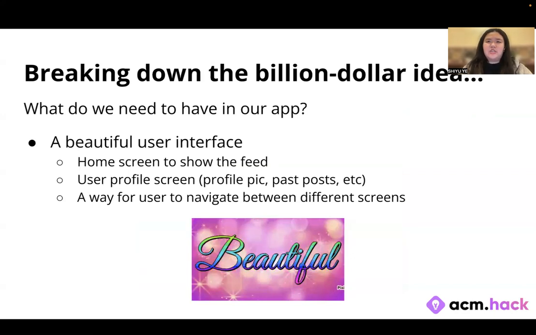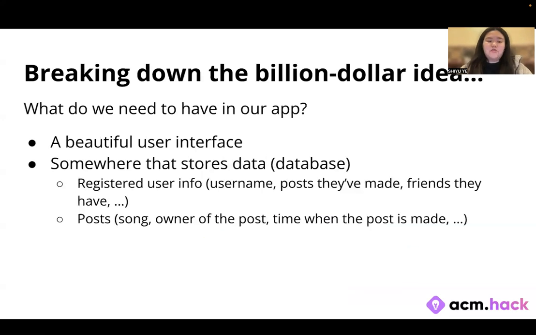As you can see, during the demo of our app, I just click on the icon and it directs me to my profile page, and I click on another icon, it directs me back to my feed page. So that's navigation, and we'll need to build that. Aside from the user interface, we also need somewhere to store data. So we usually call that a database.